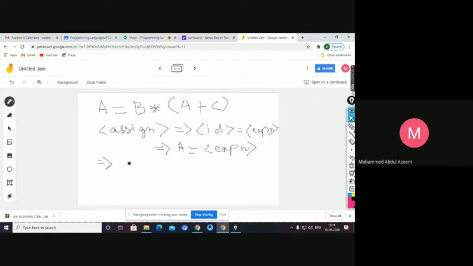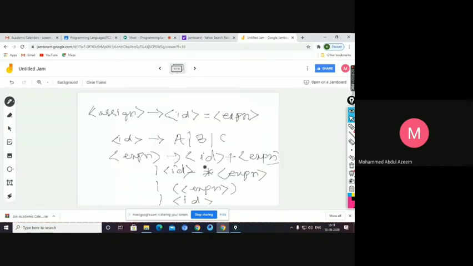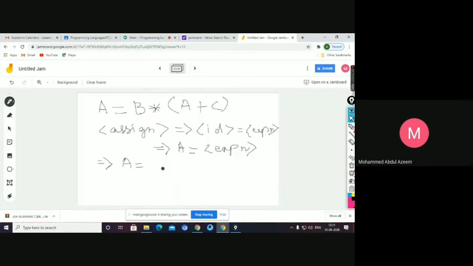Now, left hand side A I have got, but now I am expanding this expression. While I am expanding this expression, I have multiple definitions for expression. Which definition should I take in order to get that particular statement derived? I will go with into here.